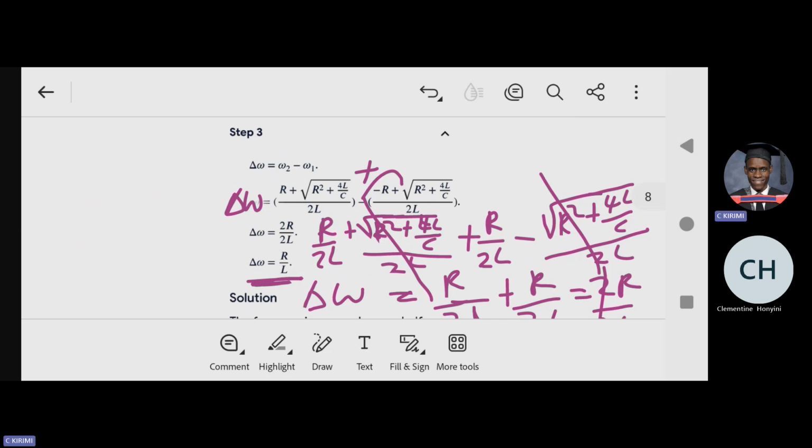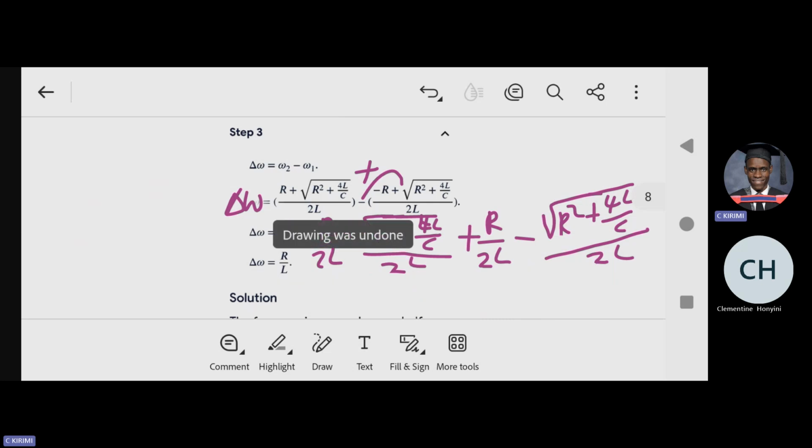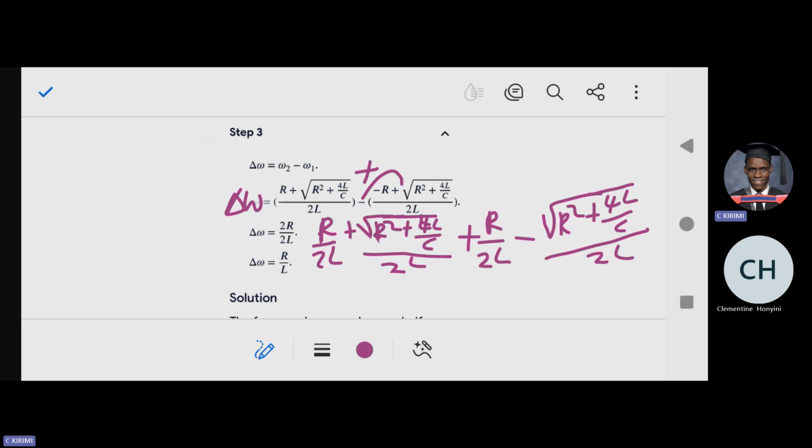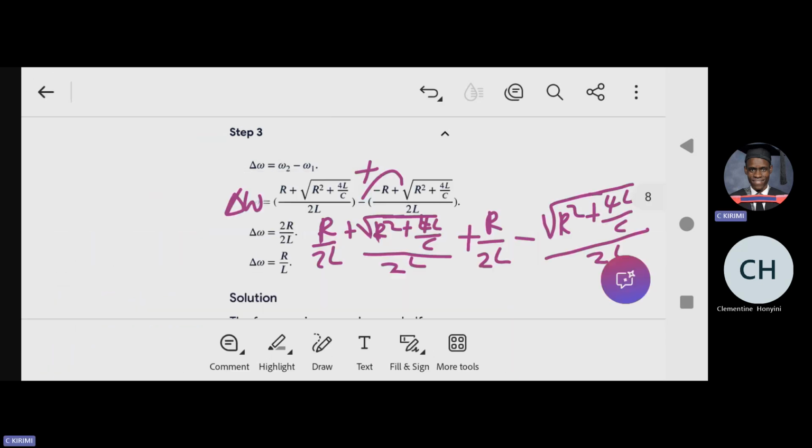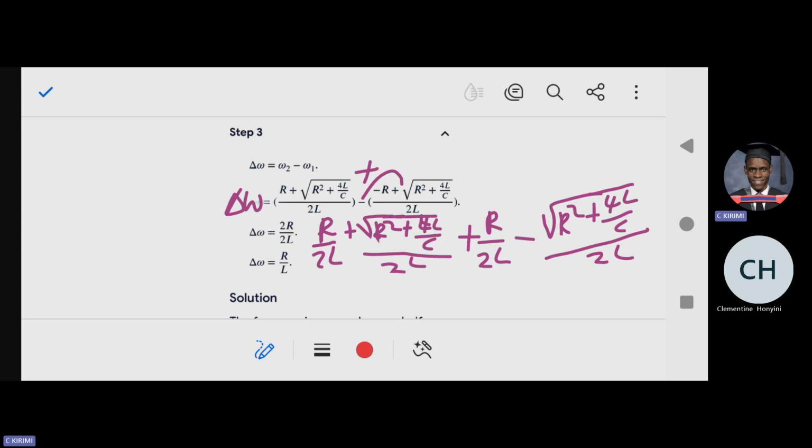Things which are cancelling, you cancel them out, like the way I've indicated. What is cancelling? It vanishes. For example, we are adding the same thing and you subtract the same thing. So these two, they go. So that was the trick to identify that.